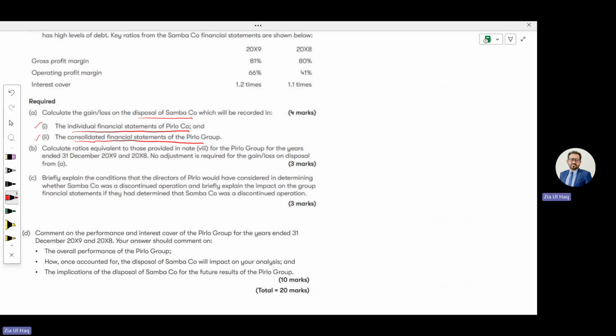What is part B? What is part C? What is part D? We don't know yet. So let's first cover requirement A.